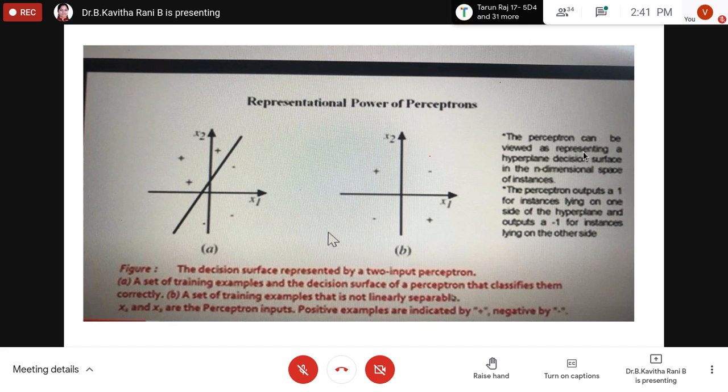Here we have two attributes, x1 and x2. You can see in the figure a set of training examples and the decision surface of a perceptron that classifies them correctly. Whatever data is there is classified correctly here, because we are getting the correct hyperplane.